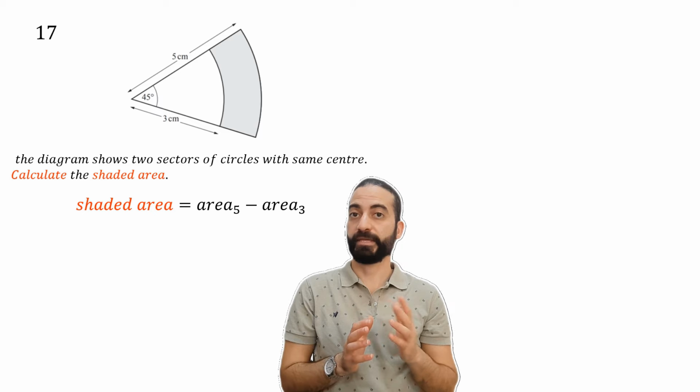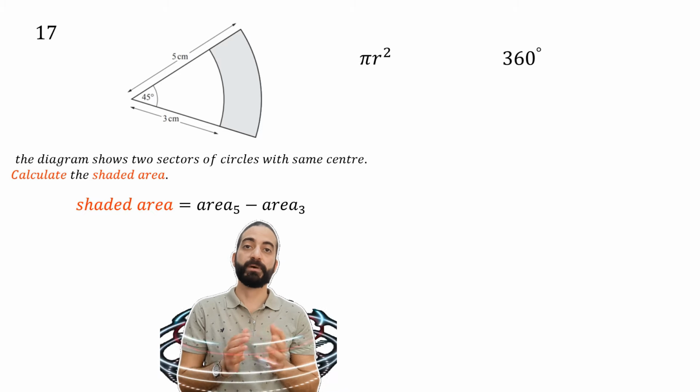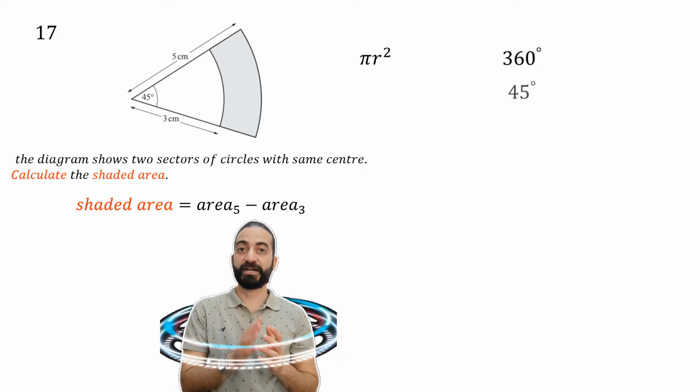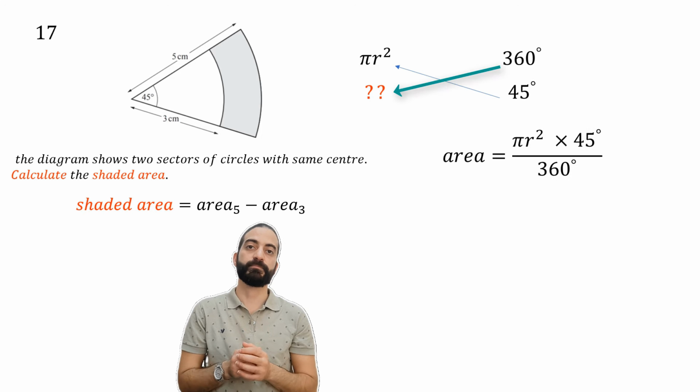We know that the area of the circle is pi r squared when the angle is 360 degrees. But here we have 45 degrees. So what is the area? We multiply the opposite numbers by each other and divide them by the number opposite the question mark.